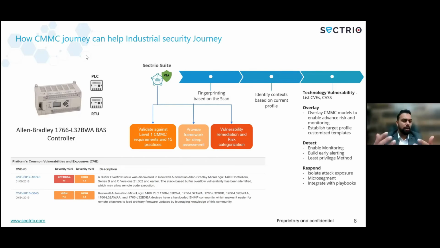And do I have playbooks that can help integrate it with our centralized security monitoring and event monitoring? I can integrate it with the SIEM I'm already using, or a SOAR solution, or an EDR.